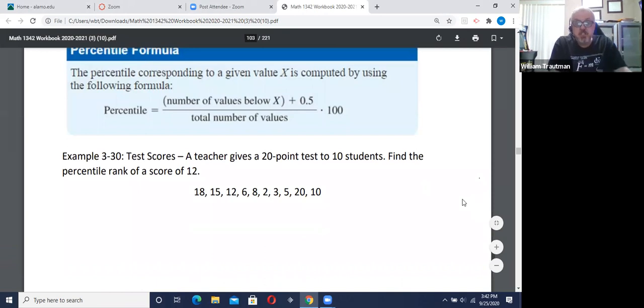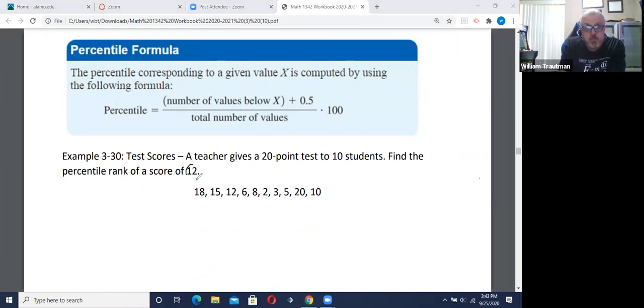So a teacher gives a 20-point test to 10 students. Find the percentile rank of a score. These are 10 student scores, and 12 is your score. You want to know, are you better than 50% of the students or worse, or where do you fit in compared to everybody else?